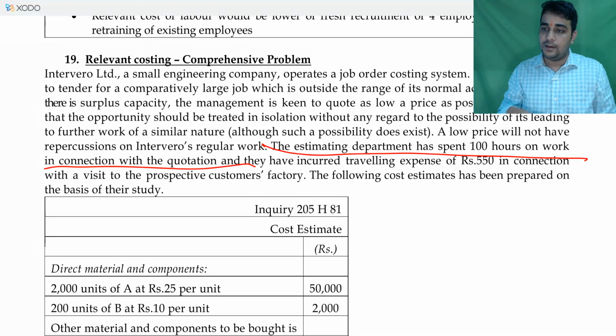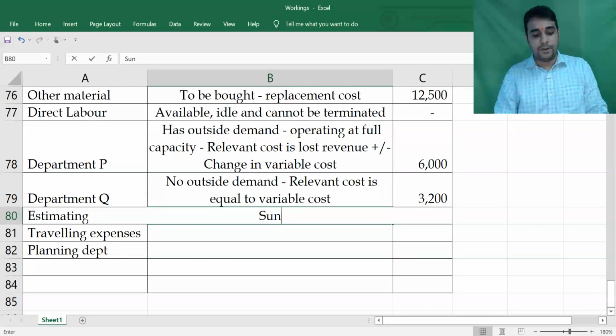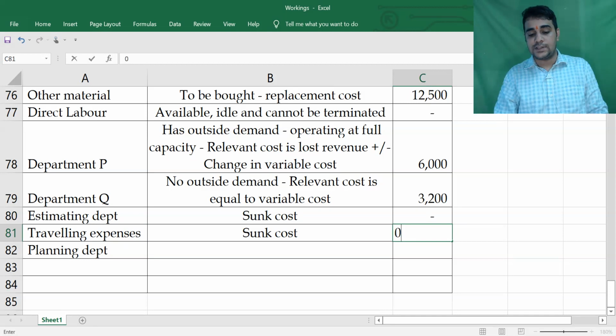Accept the contract, amount is spent. Not accept the contract, amount is spent. So it is captive consumption, I do agree to it, but it's already incurred by the company. So estimating department sunk cost 0. Traveling expenses sunk cost 0.